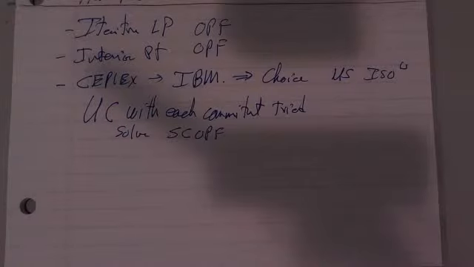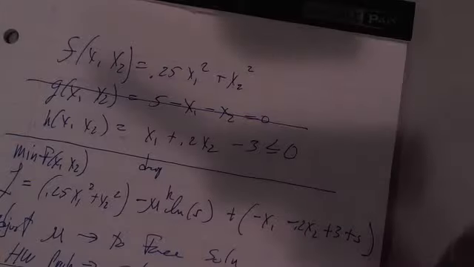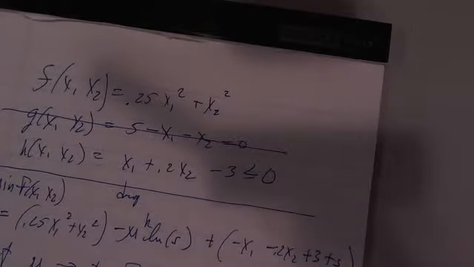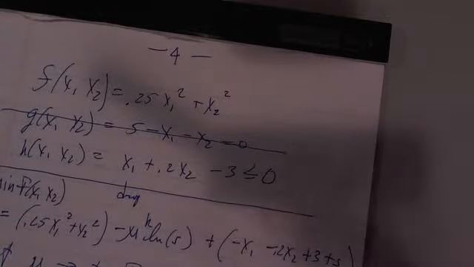And IBM has a good sense of what's going on in the business world, and they could see that here was a tool that companies would use and be willing to pay for. So IBM bought Cplex, bought the rights to it, and now it's an IBM product that they maintain and sell. Okay.